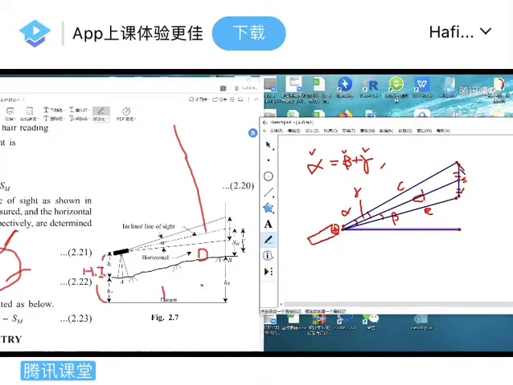So based on the cosine law, you can get an equation: (s/2) squared equals c squared plus d squared minus 2cd times cosine of the angle, which is gamma.